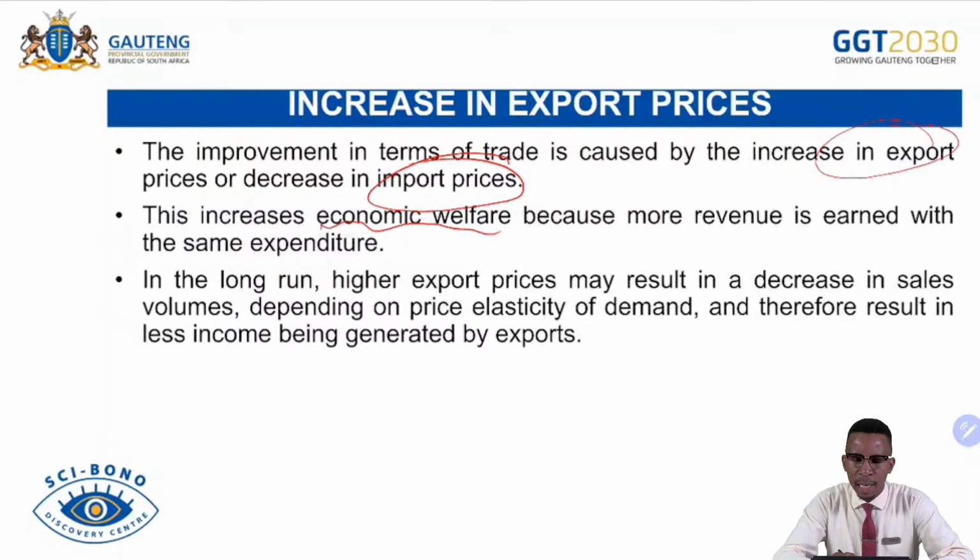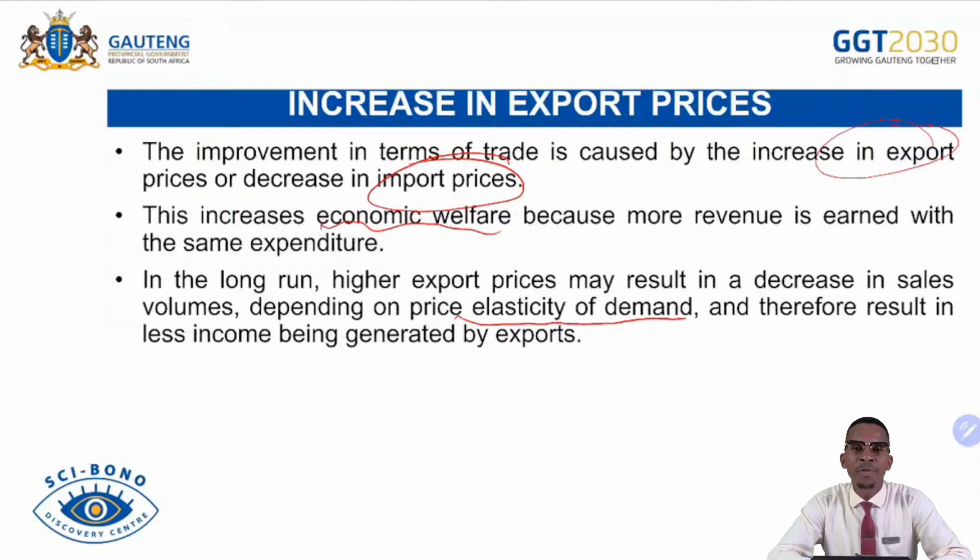In the long run, high export prices may result in a decrease in sales volume depending on the price elasticity of demand, and therefore result in less income being generated by exports. So like I've mentioned before, depending on the elasticity of demand, if exported goods are elastic in the foreign market, they are very much competing with other goods and services and can easily be replaced.